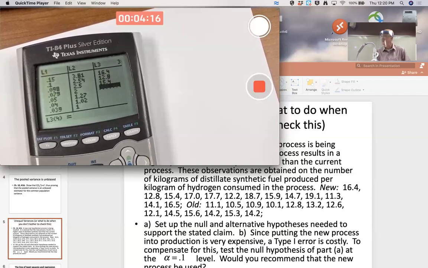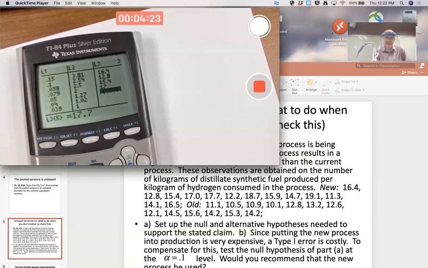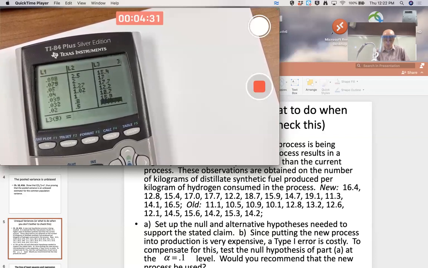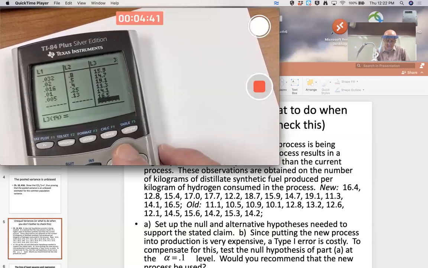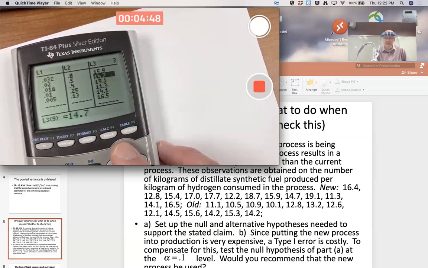Make sure you pay attention here and tell me if I make a mistake typing these numbers in. 17, 17.7, 12.2, 18.7, 15.9, 14.7, 19.1, 11.3, 14.1, and 16.5. 13 numbers. I'm going to go backwards through them and double check. 16.5, 14.1. So far, so good.